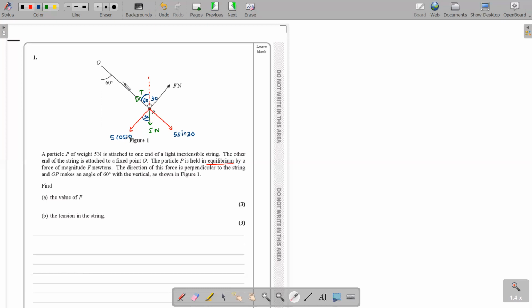When I do this, do you agree that all these forces are now perpendicular to each other? Along the plane, forces are equal to each other separately, and perpendicular to the OP plane, these two forces are equal to each other separately. Then we can get the answers for F and T separately, without depending on each other.